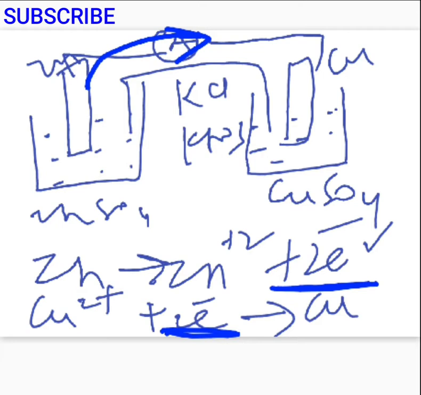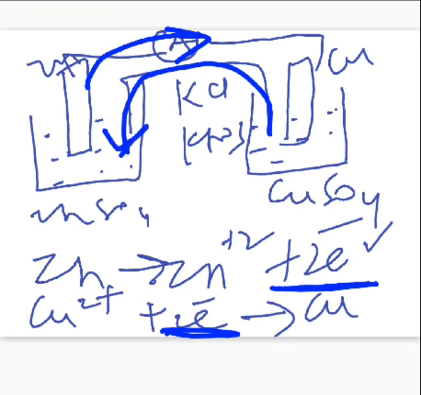The flow of ions is in the opposite direction through the inner circuit. The flow of ions takes place from copper sulfate and moves towards zinc sulfate. So the flow of ions is in this direction. Is it clear? You have to remember this: electrons always flow in the reverse direction to the flow of ions. Is it right?